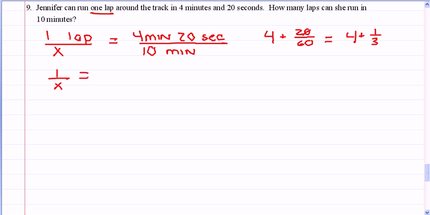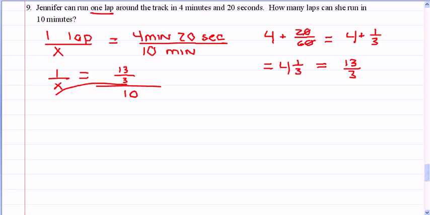The zeros cancel, and 2/6 reduces to 1/3. 4 plus 1/3 is just 4 1/3. And if we write that as an improper fraction, we get 13/3. So instead of putting 4 minutes and 20 seconds into my fraction, I'm going to put 13/3. And then over 10.